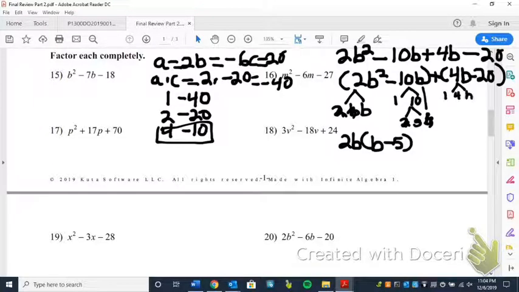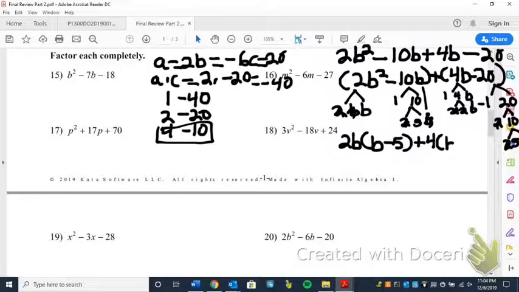4 is 2 times 2. So we end up with 1 times 2 times 2 times b. 20 is negative 1 times 20. 20 is 2 times 10. 10 is 2 times 5. We look, we go, what do they have in common? Well, they both have 2 2's. So we're going to factor out that 4.